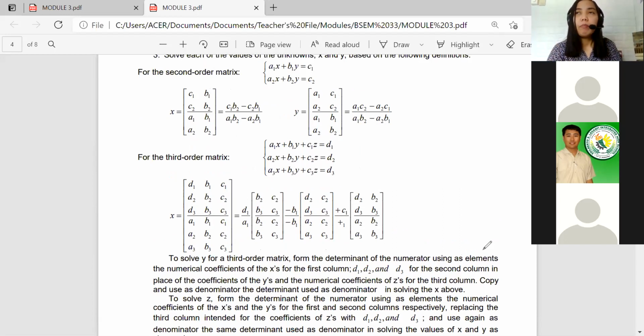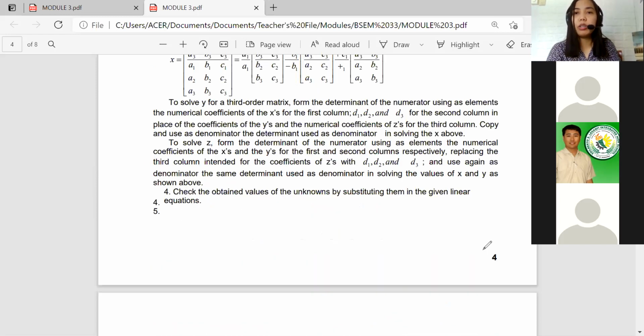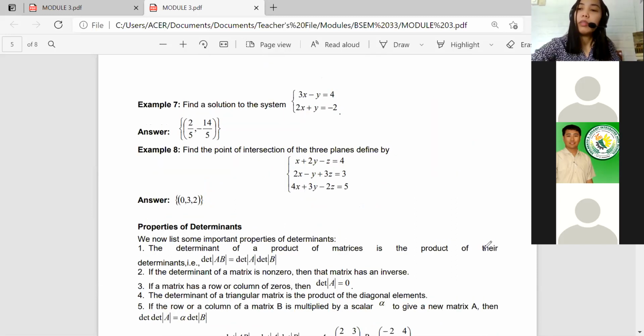For Dy, y is replaced by the constant, x and z retained. For Dz, x and y are retained, and for z, copy your constants. So to solve for a third order matrix, form the determinant of the numerator using as elements the numerical coefficients. So it is better if we give an example.